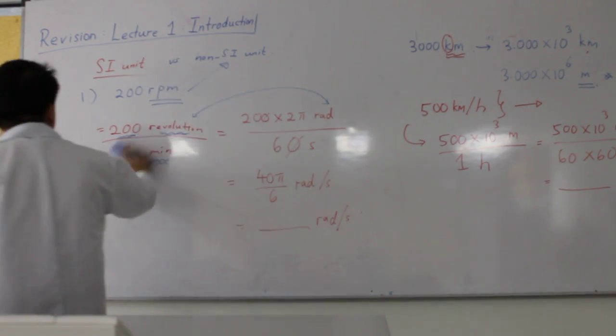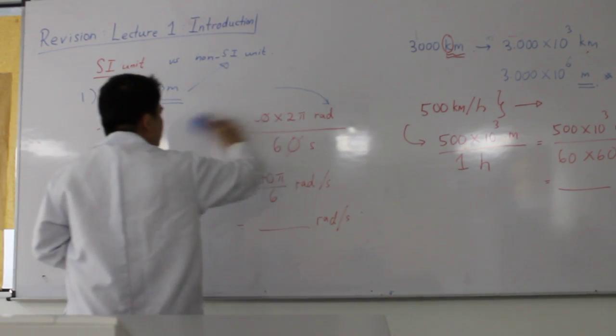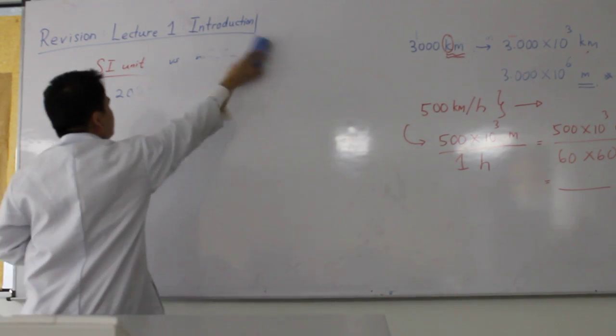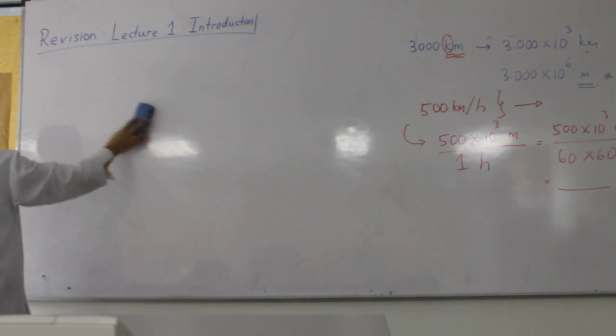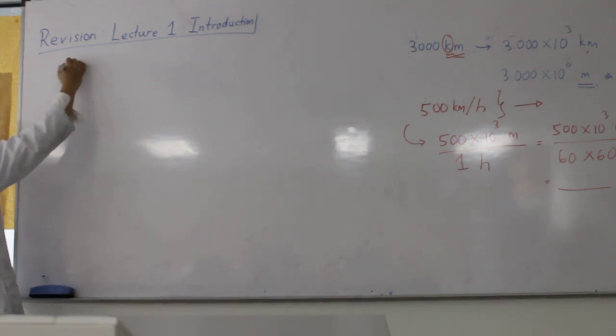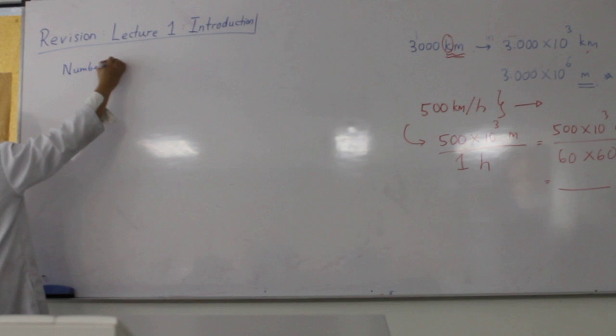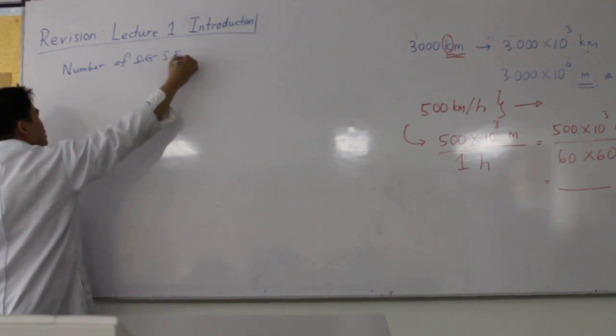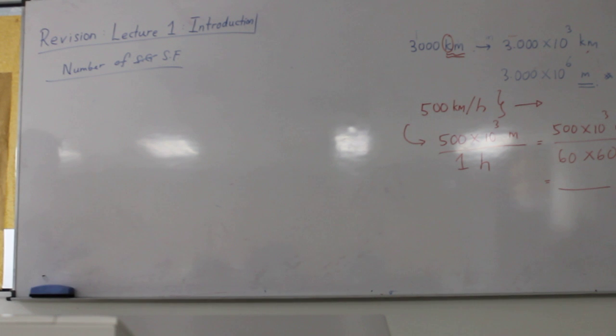Okay. And before I move further, I would like to give you a briefing of revision on the number of significant figures, which students a lot of time make mistakes on. So, number of significant figures.